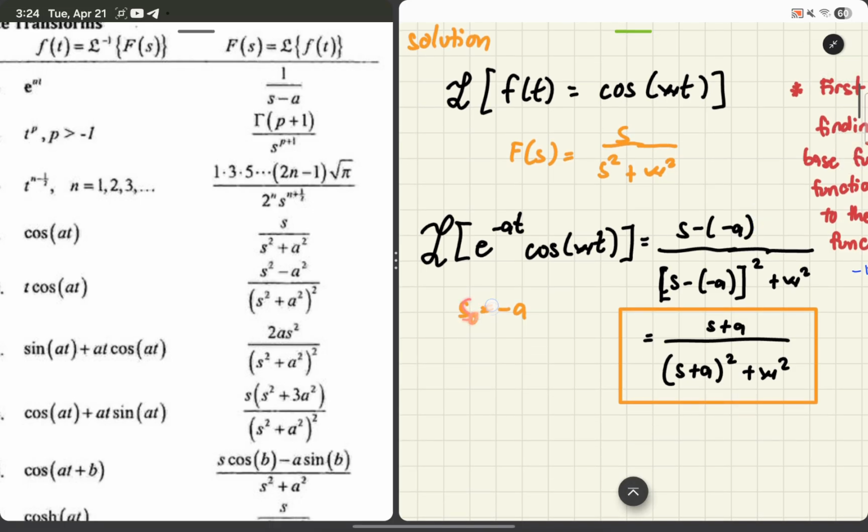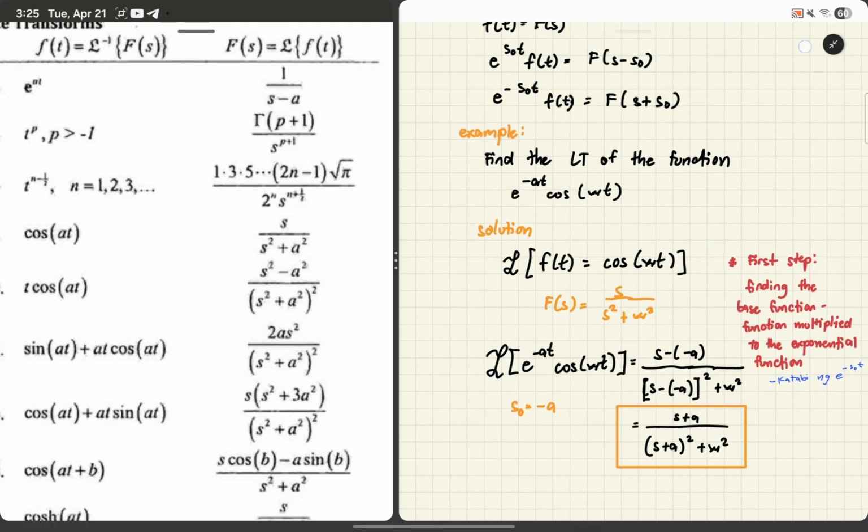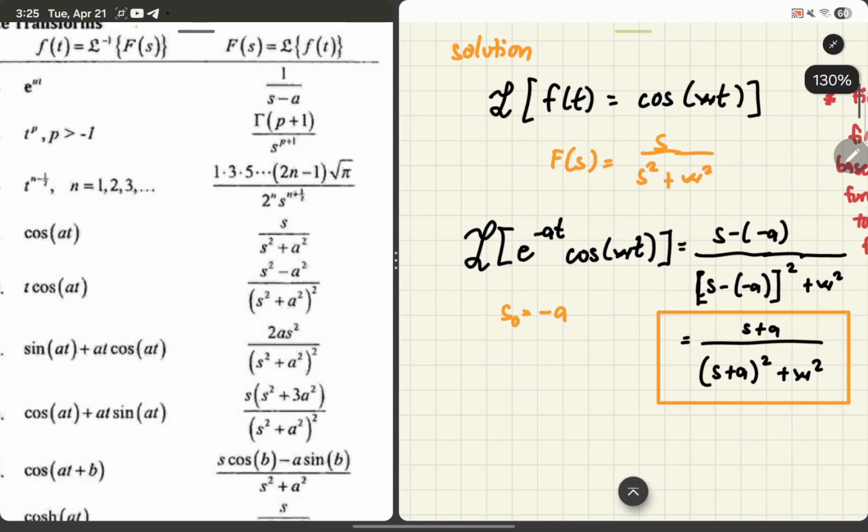So to avoid confusion, let's just disregard that and follow this. Always the positive. So if the s sub 0 is positive, then the sign here will be negative. Okay, so in this one, s sub 0 is equal to negative a.